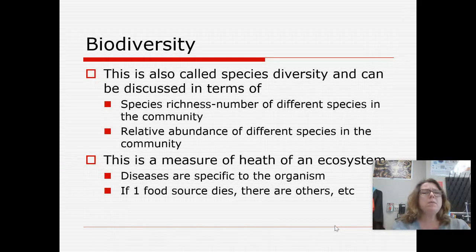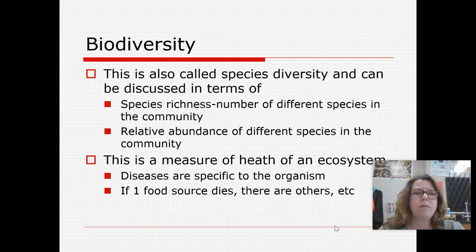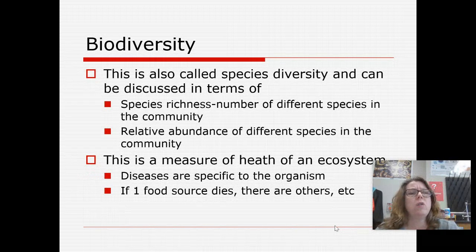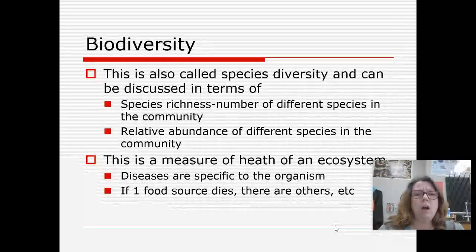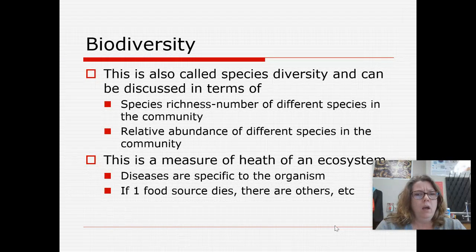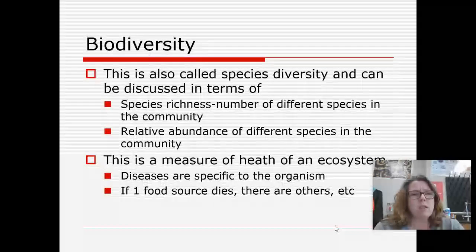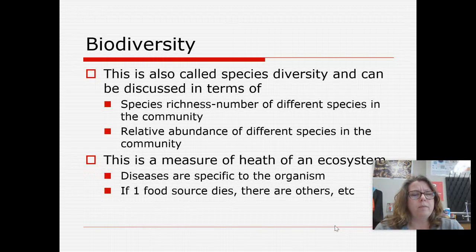And Simpson's really is more of a species richness kind of diversity index, although it does take into account abundance, but really it's more dependent upon how many different species there are in the community.